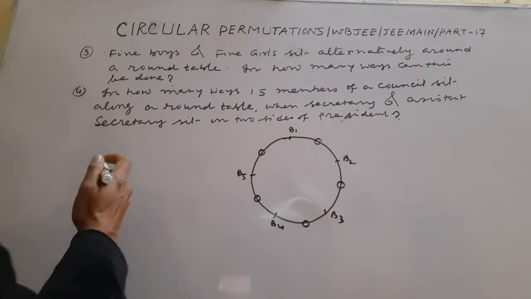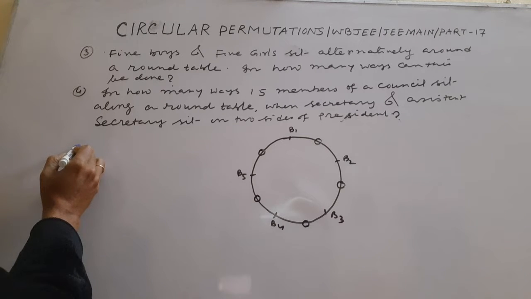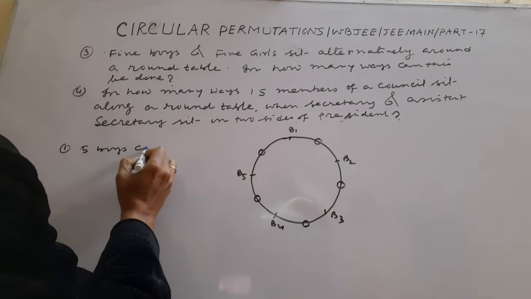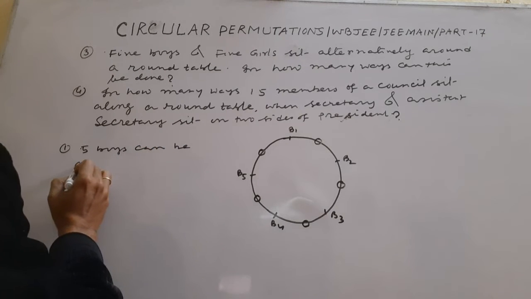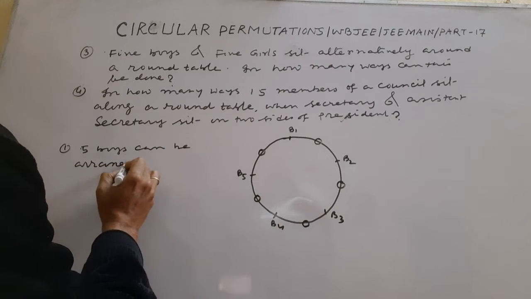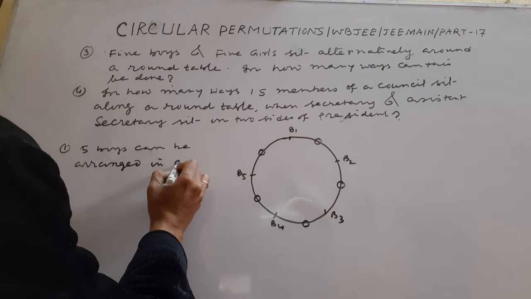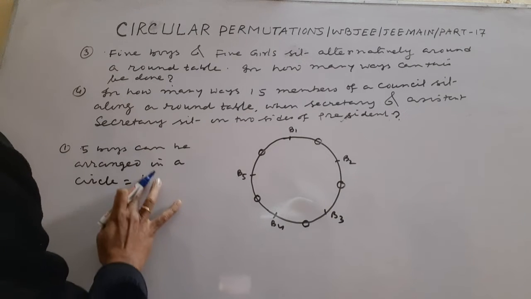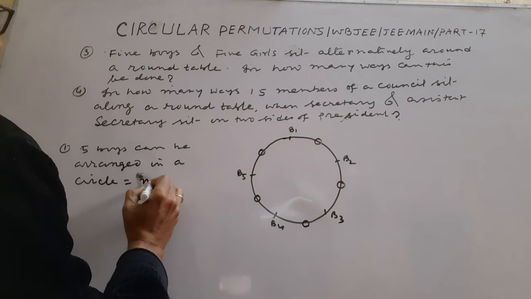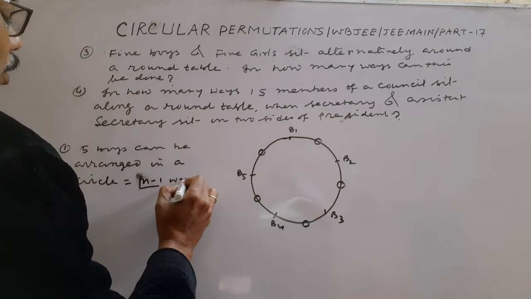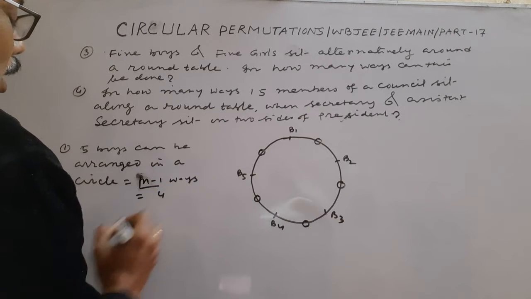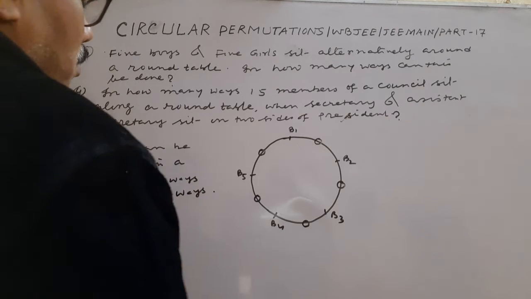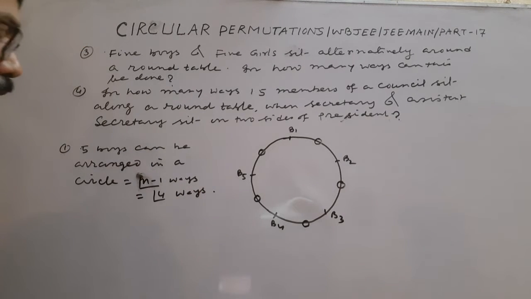So first, 5 boys can be arranged in a circle in factorial n minus 1 ways, equals factorial 4 ways.